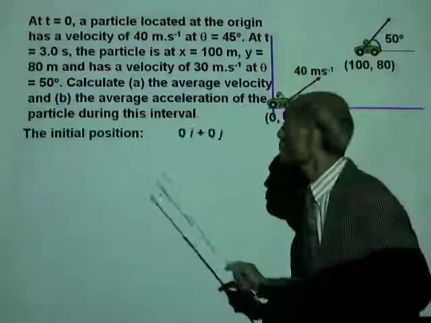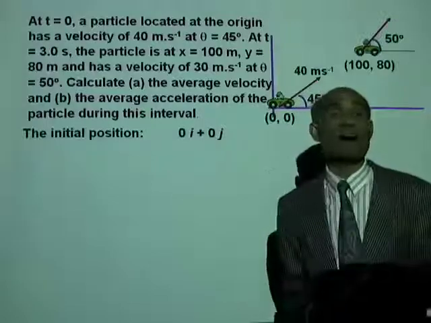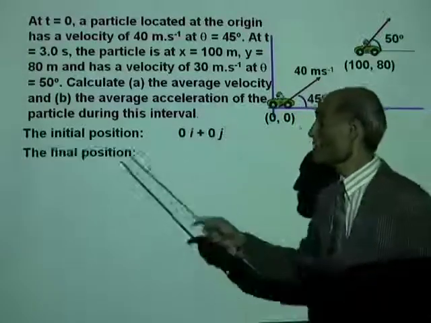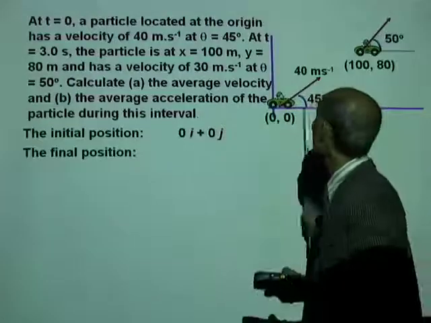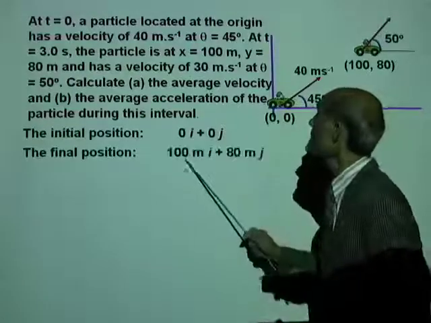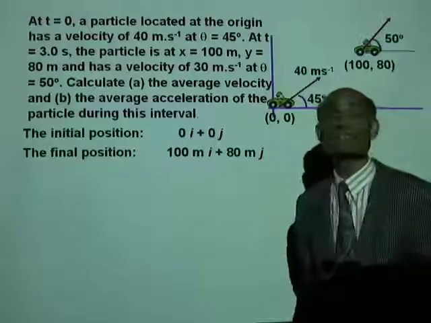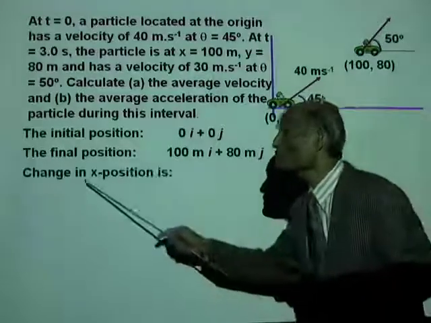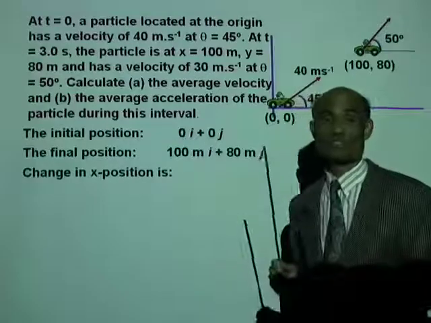Alright, the initial position is 0 i plus 0 j, the origin. The final position is 100 meter i plus 80 meter j, and therefore what is the change in the x position?